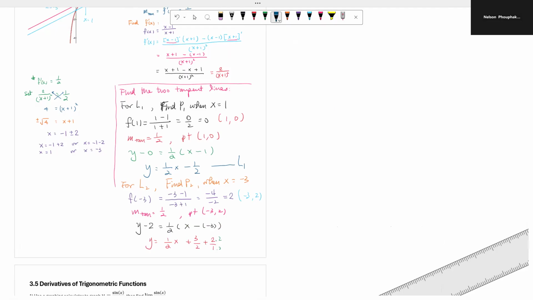Then I have, I run out of space, 1/2 x plus 7 over 2. So my L2 is y equal to 1/2 x plus 7 over 2. That's it. Thank you.